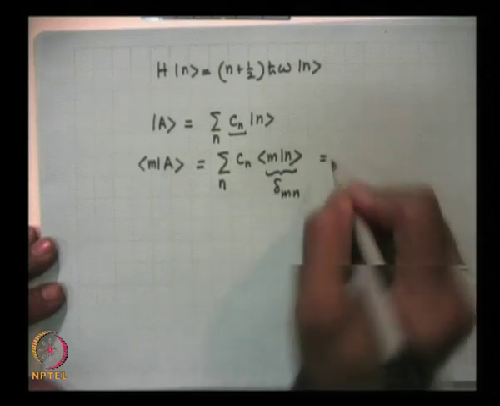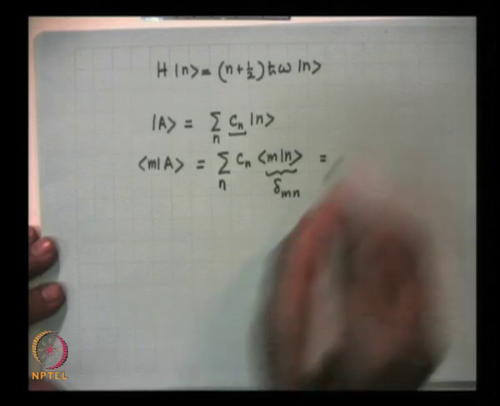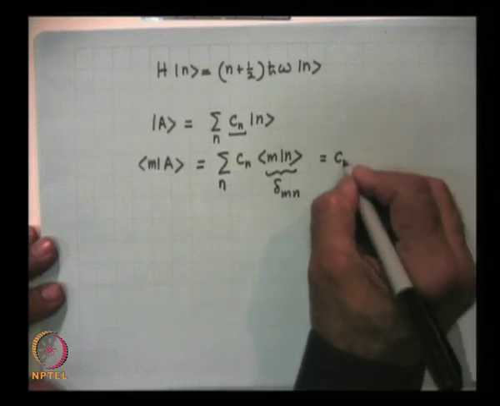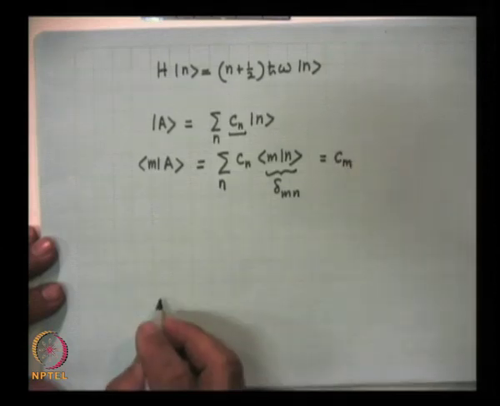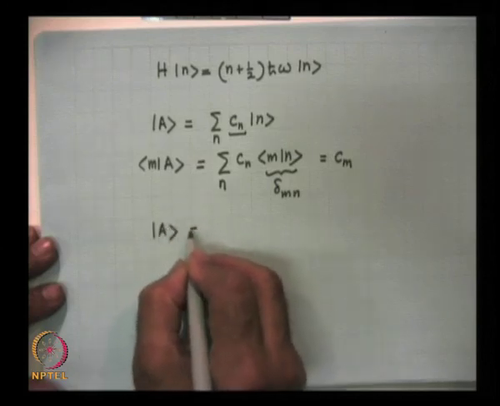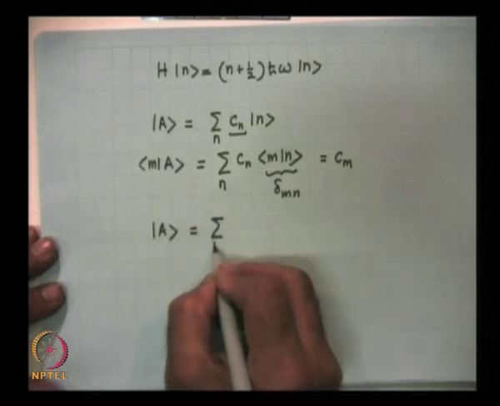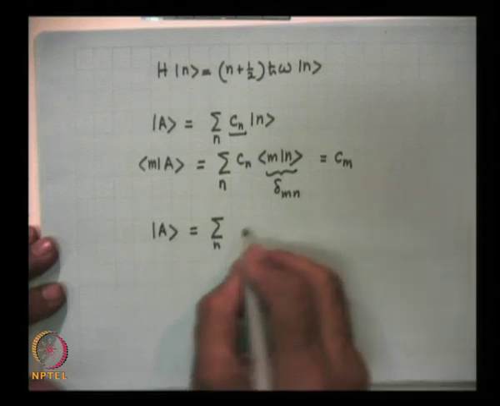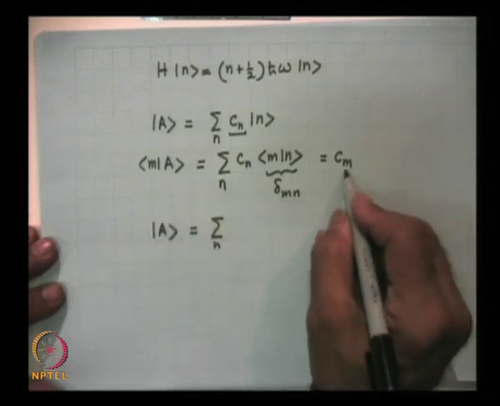So when I sum over n for a given value of m, this comes out to be C m. So C m is equal to bra m ket A.